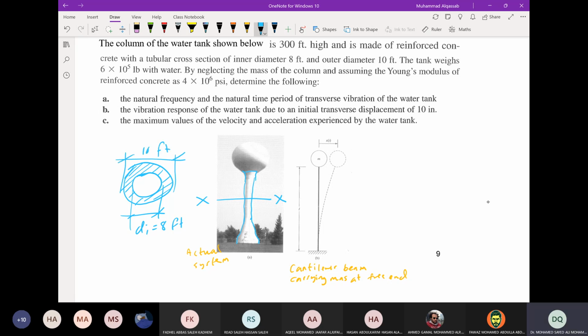It is assumed to be uniform from ground to tank. So that is a cantilever beam with uniform cross section fixed at the bottom, carrying a mass at the top. That is the first model.